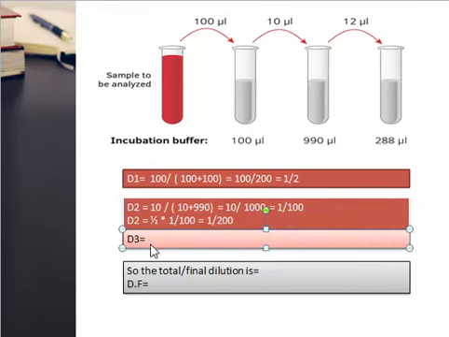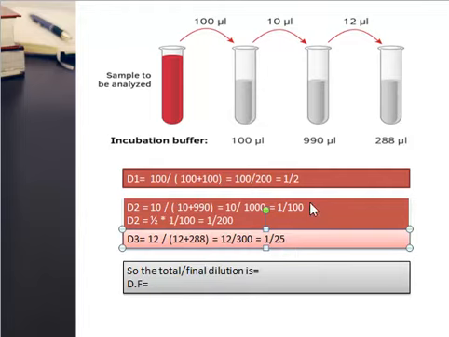For tube 3, diluted as follows: 12 microliter from tube 2 is transferred to 288. So the total volume will be 12 plus 288, which means 12 over 300. This means that the dilution of tube 3 is 1/25 from tube 2.